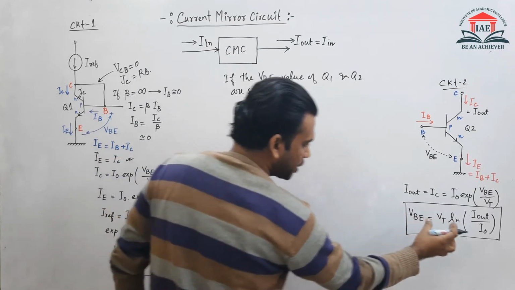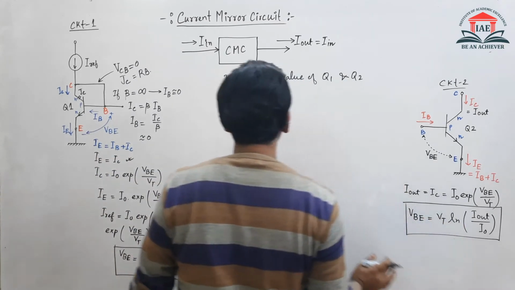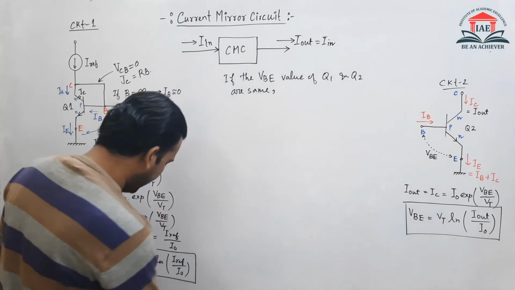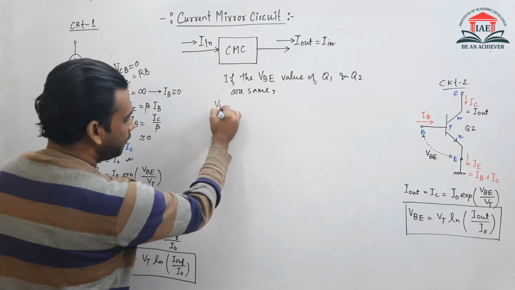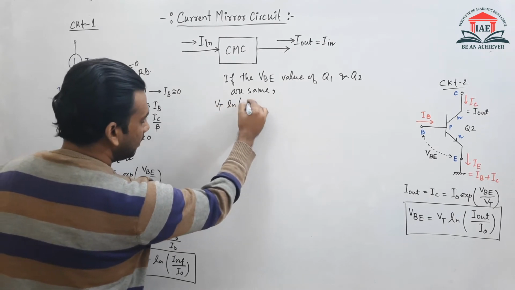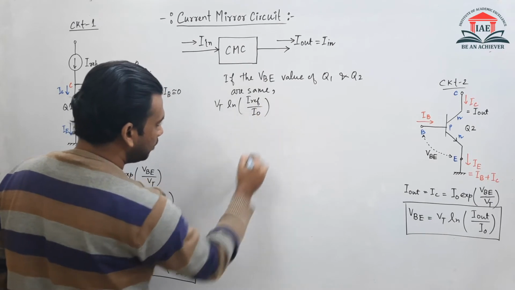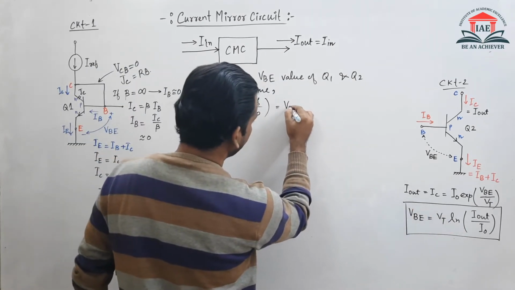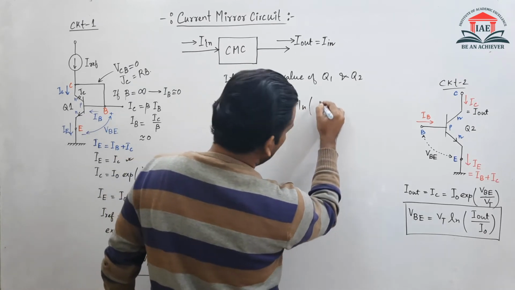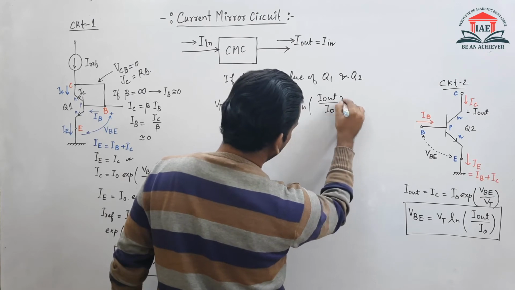Then this equation, ये वाला equation आपका इस equation के साथ same होगा. So that means we can write that VT ln I reference by I0 will be equals to VT ln I out by I0.